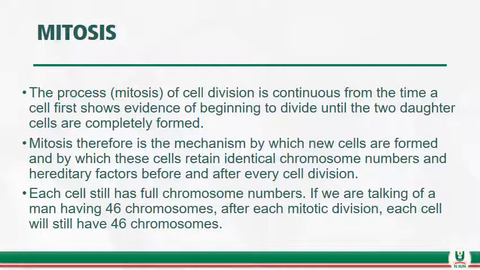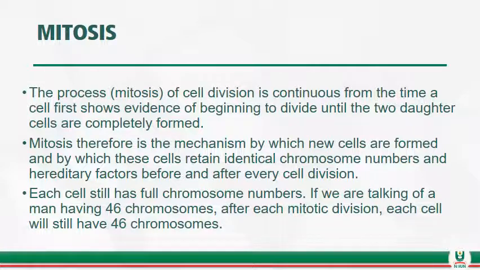Talking about mitosis now, it is a process of cell division, and it is continuous. The first thing you see is the cell beginning to divide until two daughter cells are completely formed.